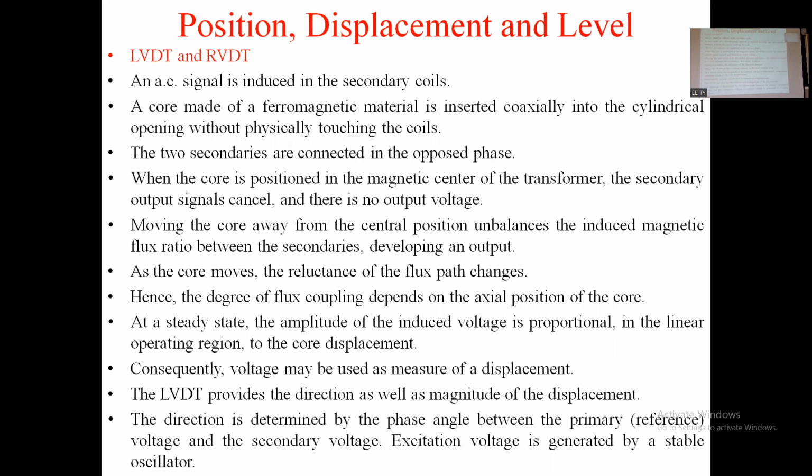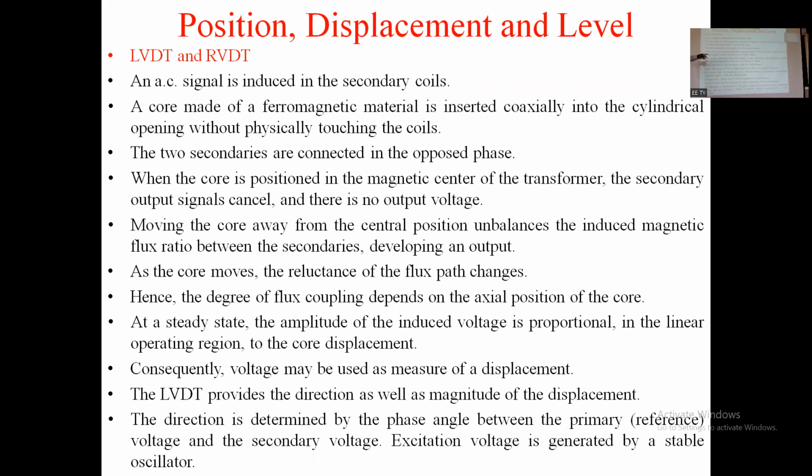According to equation E is equal to n d phi by dt. n सेम आहे, लिंक होणारे फ्लक्स सेम आहे, that means induced EMF सेम आहे. सपोज याच्यामध्ये इंड्यूस होणारा EMF 10 आहे, याच्यामध्ये इंड्यूस होणारा EMF 10 आहे. These are connected in opposite polarity, so the output voltage will be zero. So there is no output voltage, right?